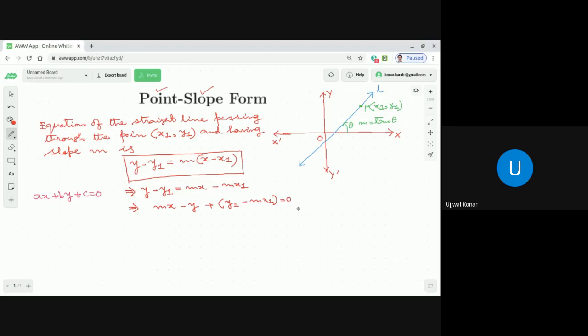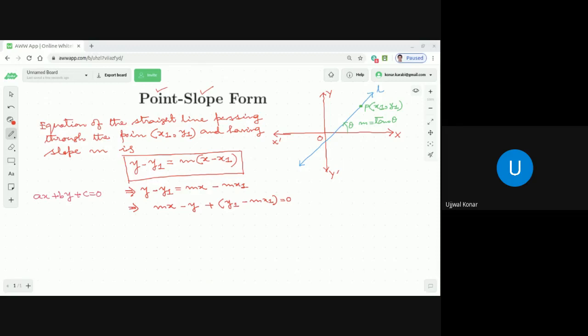So what we get is that the equation of that straight line is in the form of ax plus by plus c is equal to 0, where a is m, b is minus 1, and c is y1 minus mx1.